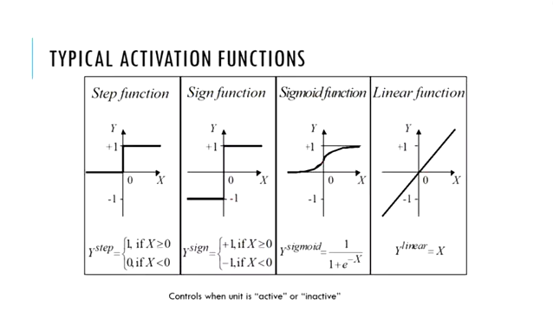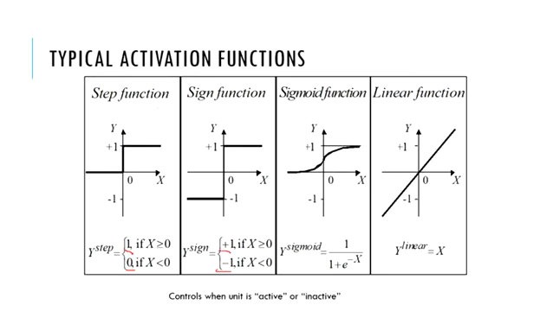Some of the usual activation functions that we use in our neuron are the step function, the one that we just saw. It has two outputs, 0 and 1, based on the inputs. Then there is a sign function. Sign function again has only two outputs, but these are not 0 or 1, these are -1 and +1.